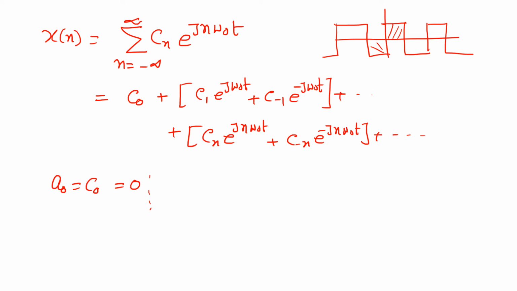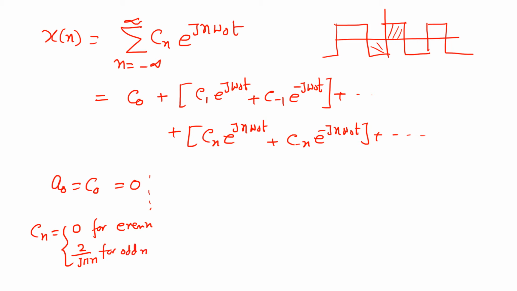And now if I combine these two Cn, we know that Cn equals 0 for even n, and it is 2 upon j pi n for odd n.